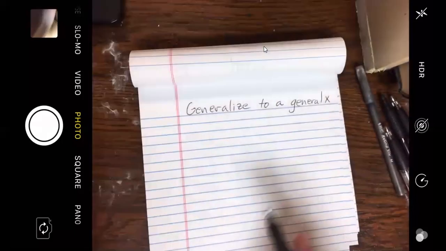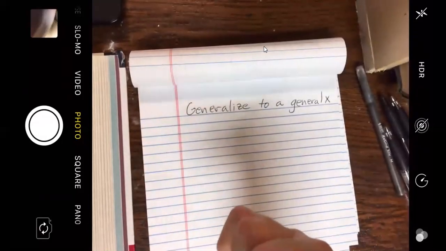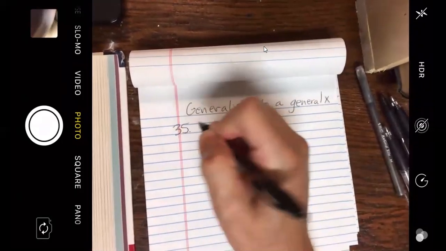It just generalizes what we just did in the previous section 31 with numbers. So we'll try 35 first, and then maybe I'll show you 37.